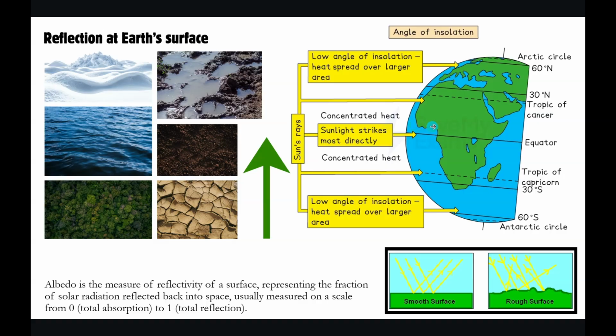So if the southern hemisphere is closer to the sun, like in this case, you will see that the region which receives direct insolation, or orthogonal sun rays, is slightly towards the south of the equator. Tell me if you have understood this.